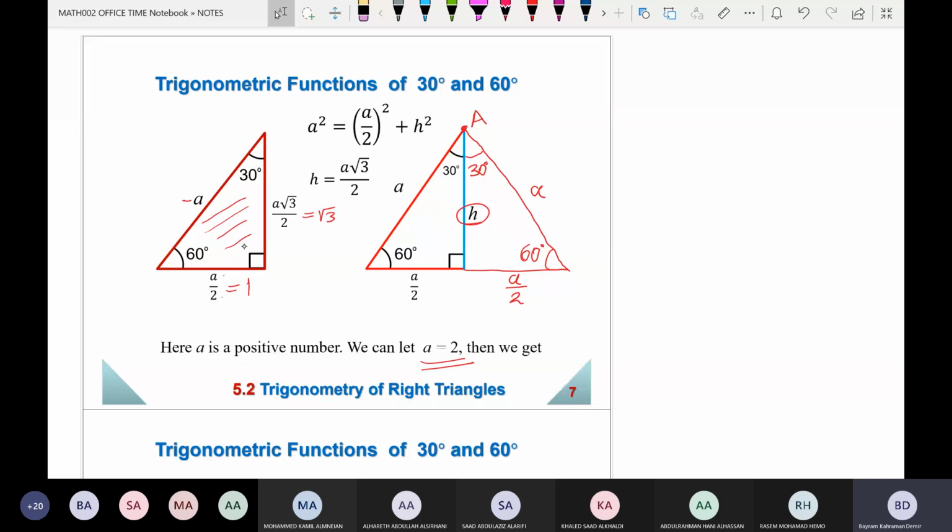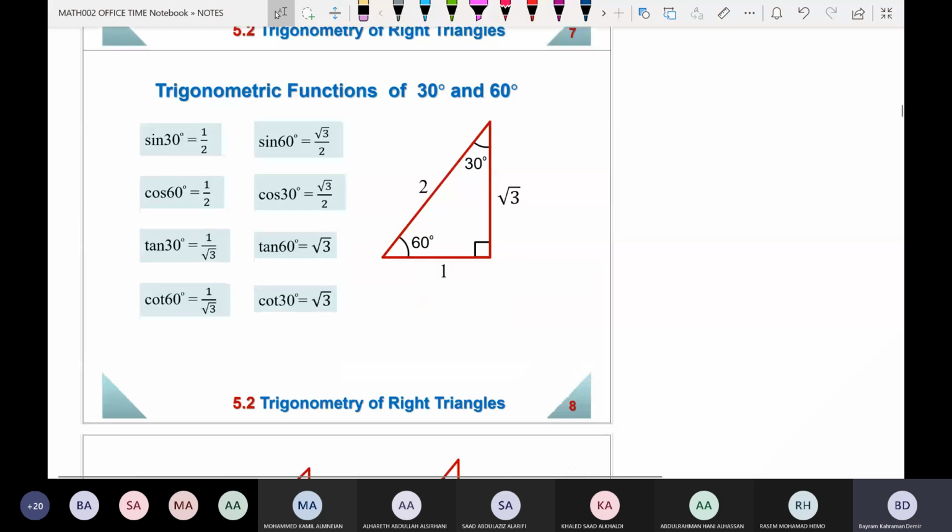And the hypotenuse will be 2. So that will make it much easier to calculate the trigonometric ratios of 30 and 60 degrees.